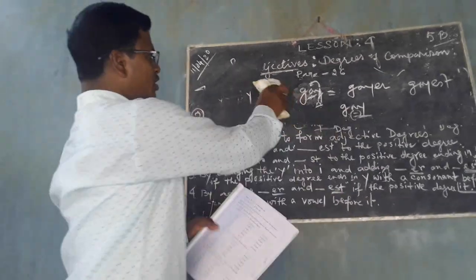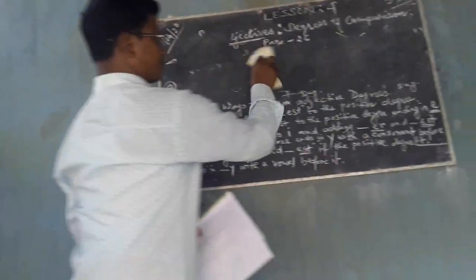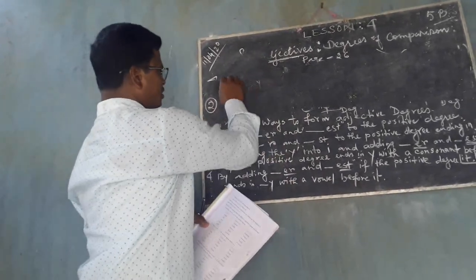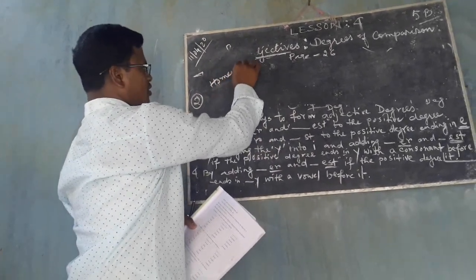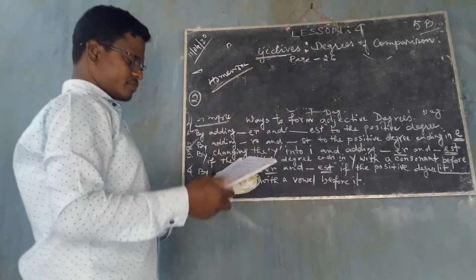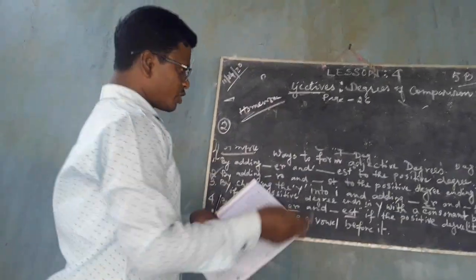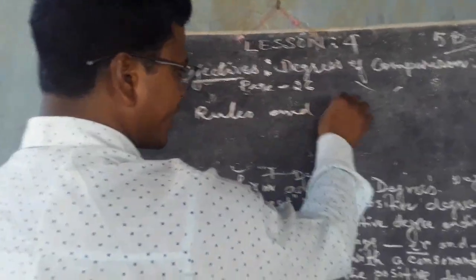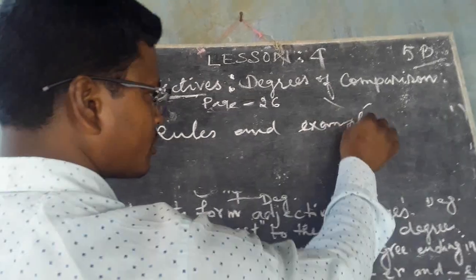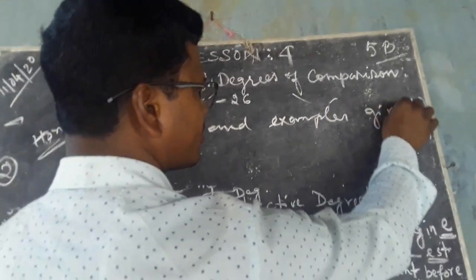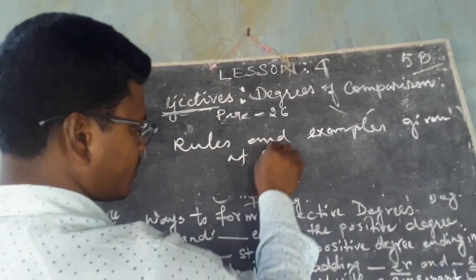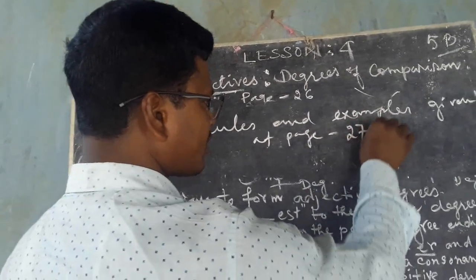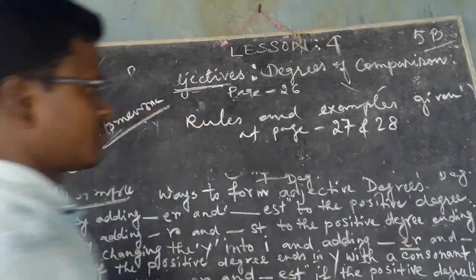Now for your writing work, your homework. Look at your homework. You'll write the rules and examples given at page number 27 and 28.